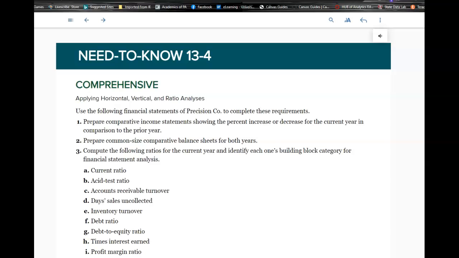This chapter is very important going forward, particularly for those of you that are not necessarily accounting majors. But I would say it's equally important to all of you, but more important in terms of you're not going to see a whole lot more accounting in your academic career.